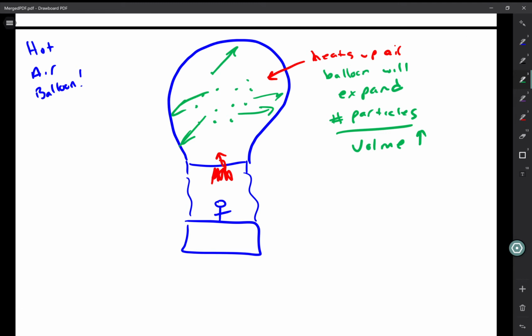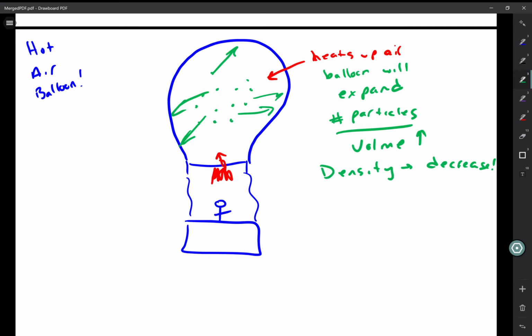When you have the same mass but the volume gets bigger and bigger, what happens to the density? Same mass but bigger volume, the density is supposed to decrease. Now think about density of objects. You learned about this way at the beginning of the year. What floats? Objects with a smaller or lower density. Same thing happens with air.